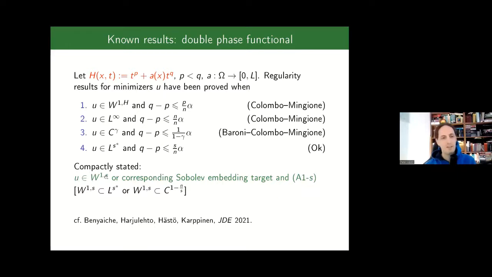So if we know more about the function, so have stronger information, which is to say larger s, then we can consider a weaker condition on the phi function.